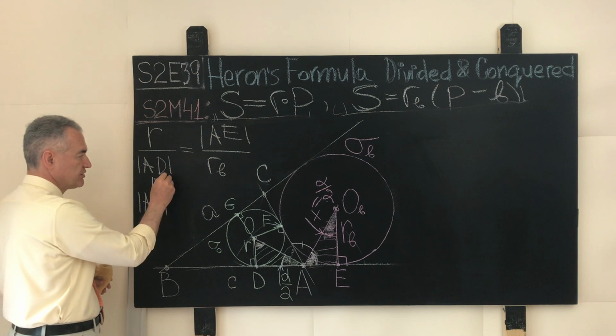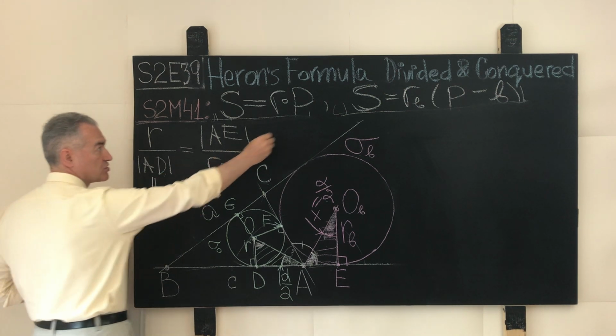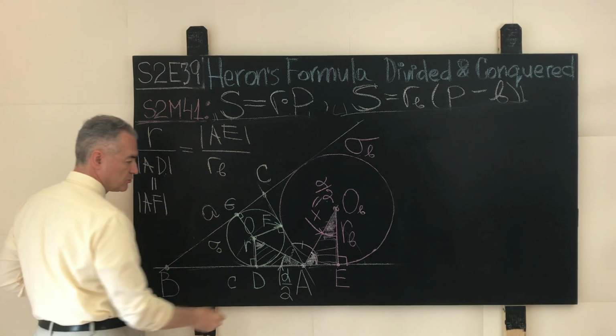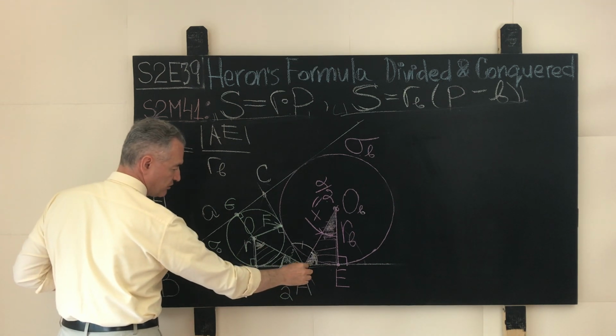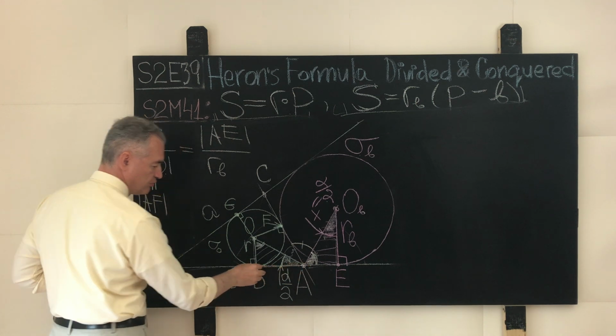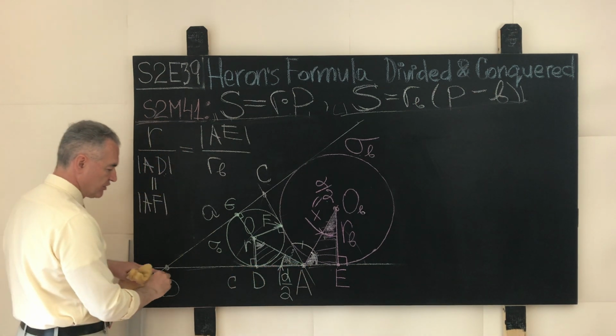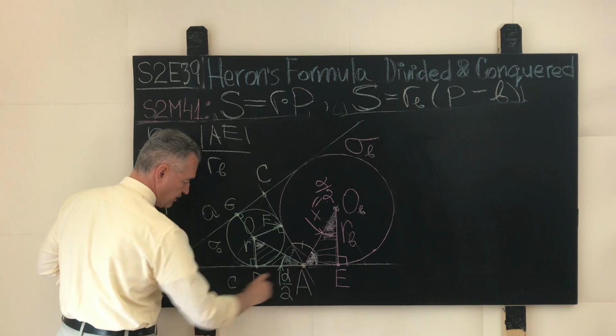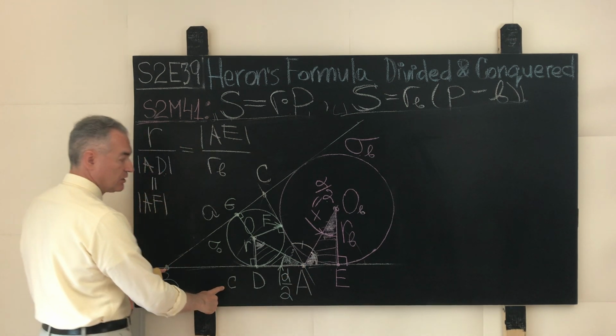And now what do we do? Well, we're interested in capturing these as a function of P. So this is exactly what we do. What is the length of the line segment AD, or the distance from the point A to the point D, in terms of the length of the side AB, or the side c? Well, we write it down.